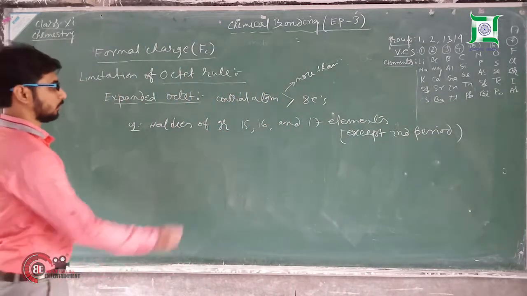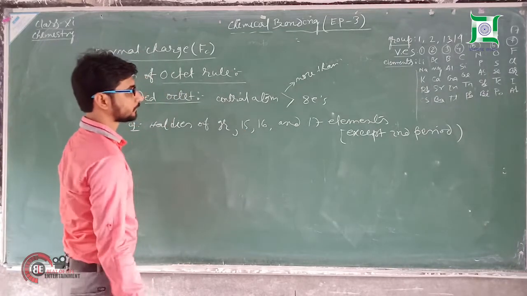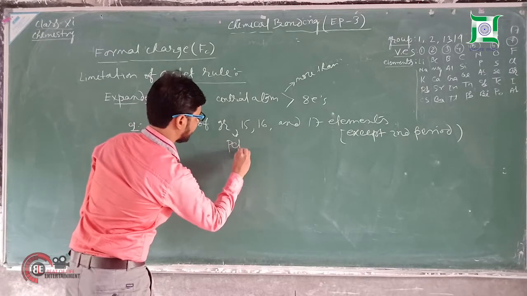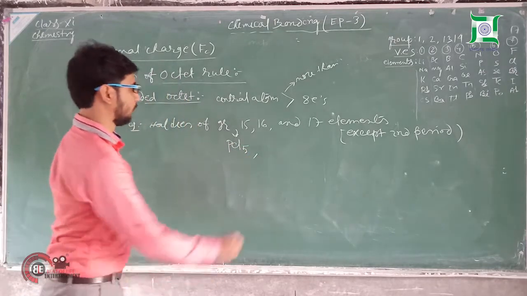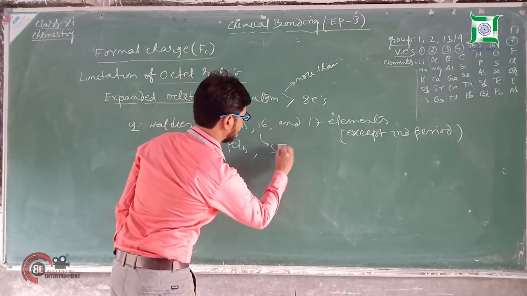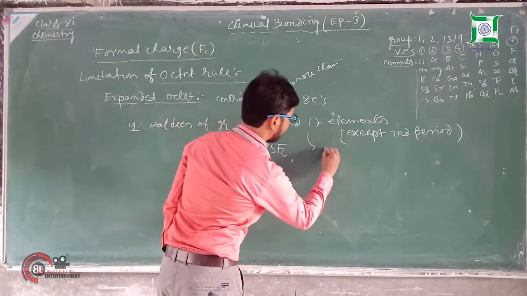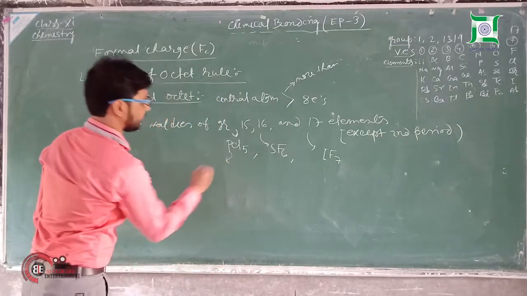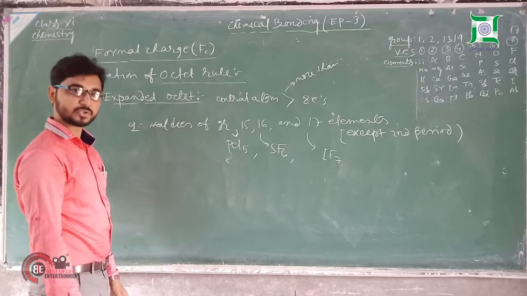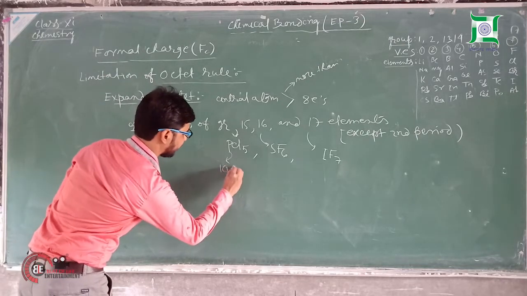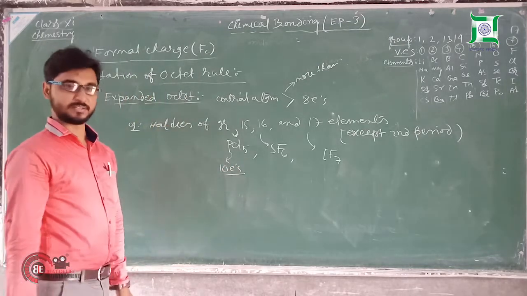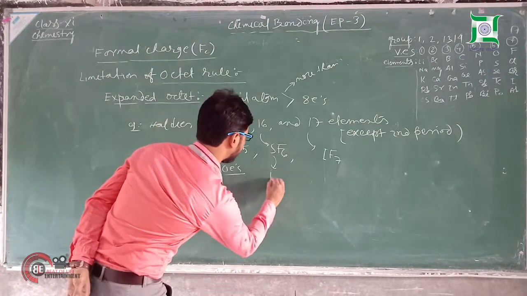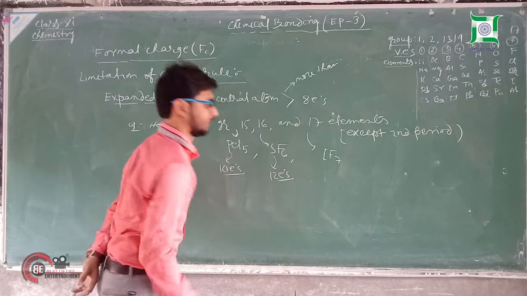Clear? So for group 15, for example phosphorus, the expanded octet halide is PCl5. For group 16, SF6. For group 17, IF7. In case of PCl5, the central atom phosphorus has 10 electrons around itself. In SF6, the central atom sulfur has 12 electrons around itself.